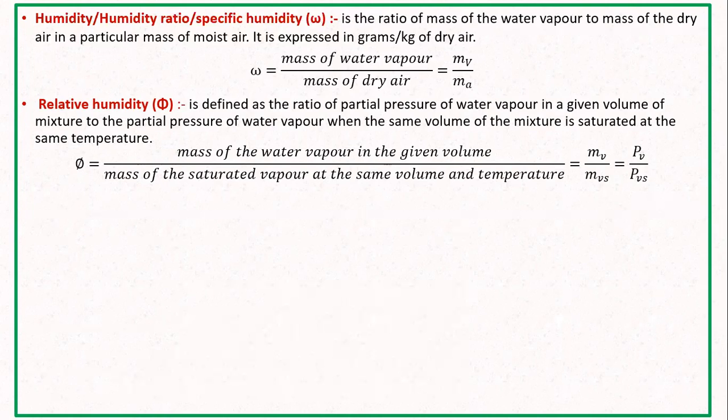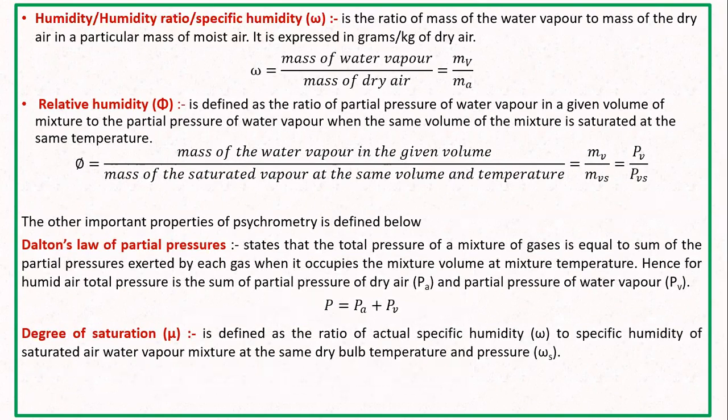That means if we consider some amount of moist air and measure the partial pressure of the water vapor in it, that will be the numerator, and the same moist air when it is saturated, and then if we measure the partial pressure in it, that is known as PVS, or the partial pressure of the water vapor when the air is saturated. The ratio of these two is known as relative humidity.